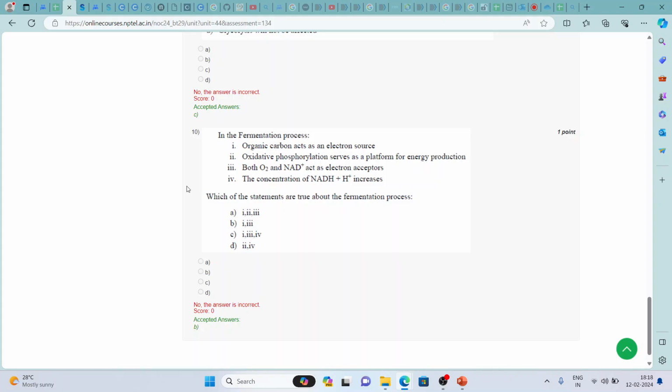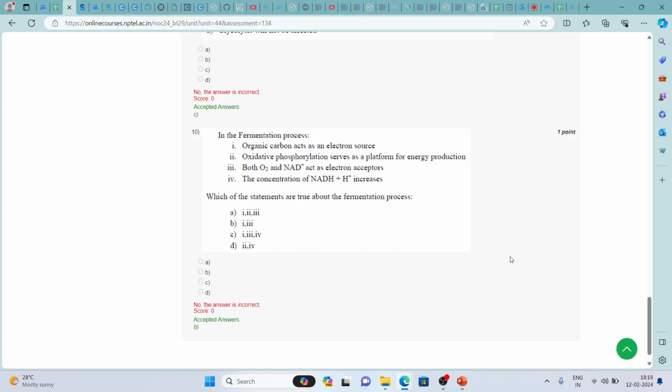So the question is: in the fermentation process, organic carbon acts as electron source. Oxidative phosphorylation serves as a platform for energy production. Both oxygen and NAD plus act as electron acceptors.